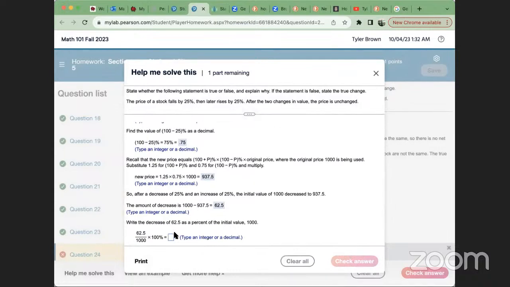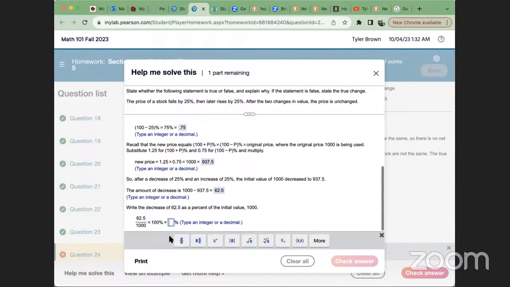And then 62.5 divided by 1,000 equals 0.0625. Times 100 is 6.25.